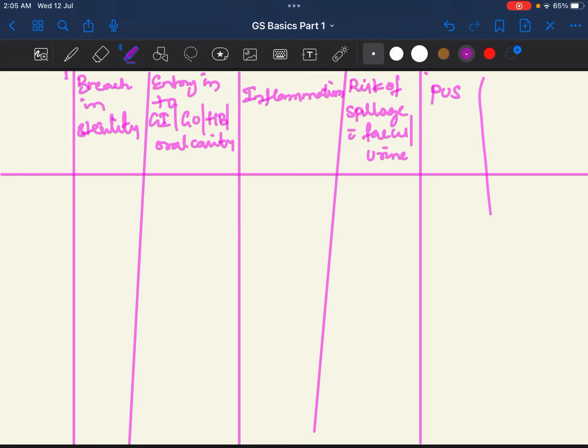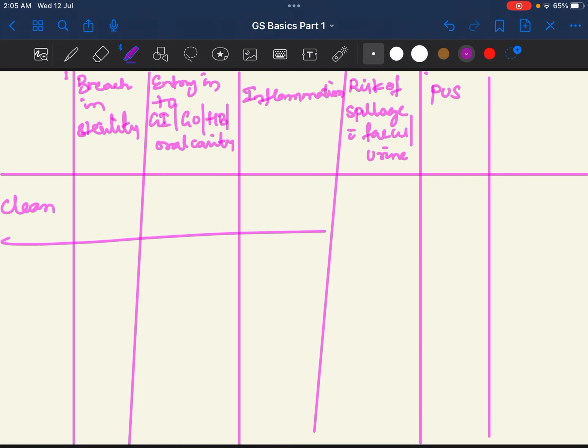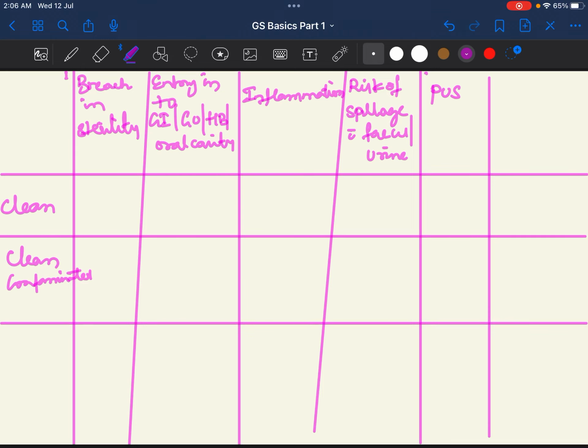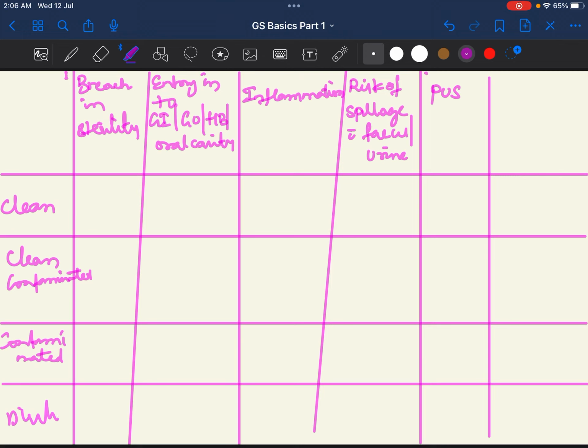Based on these things, we will categorize the wound into clean wound, clean contaminated wound, contaminated wound, and the last is dirty or already infected wound.